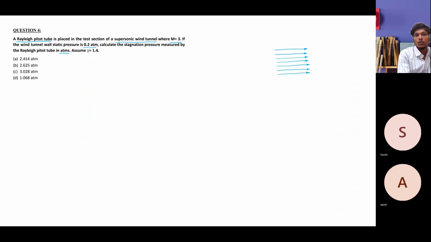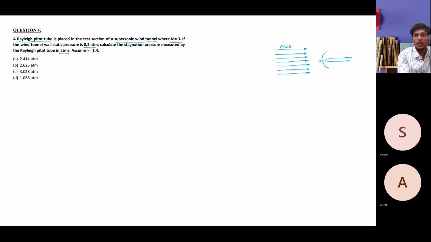The supersonic flow is coming in, and you have a pitot static probe trying to measure inside the test section, with Mach number M equals 3. Since it is a supersonic flow, you will experience a very small bow shock at the head of this pitot static probe.